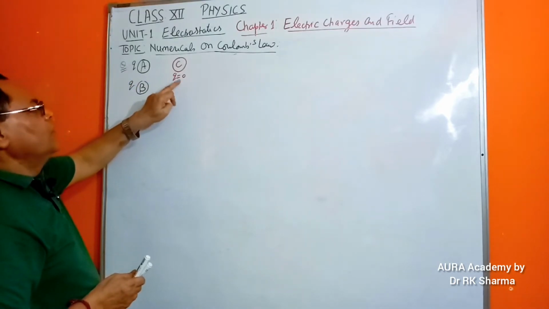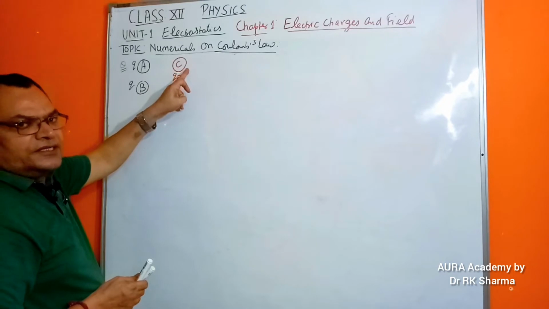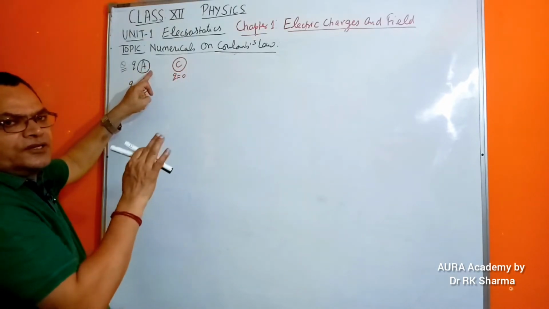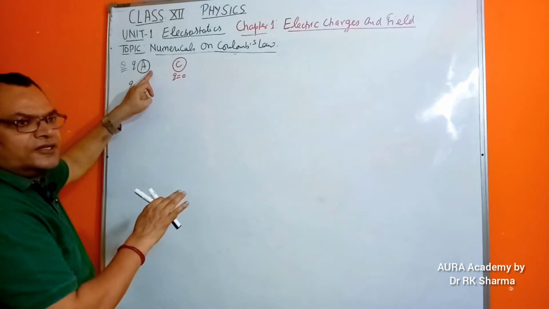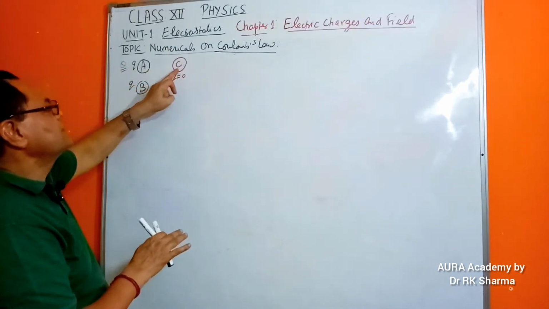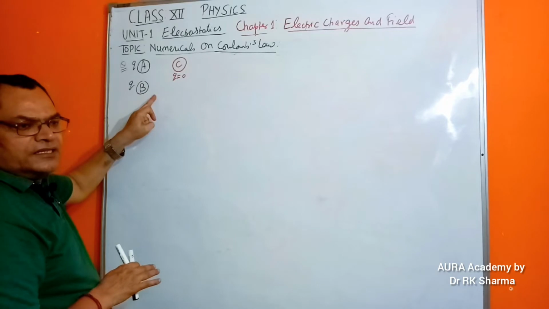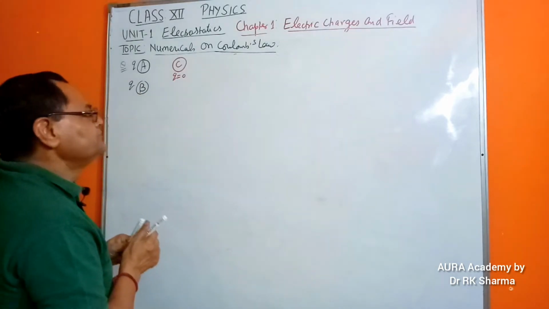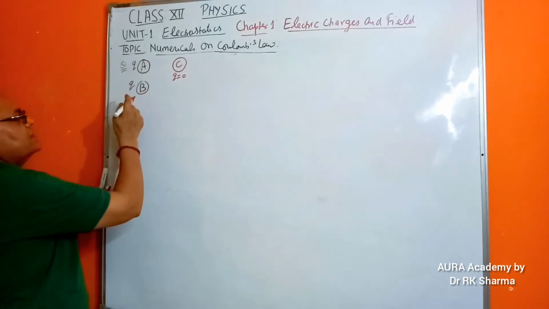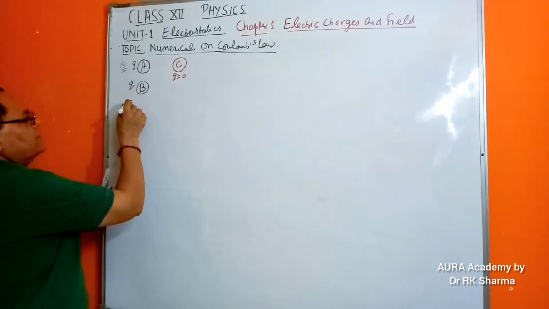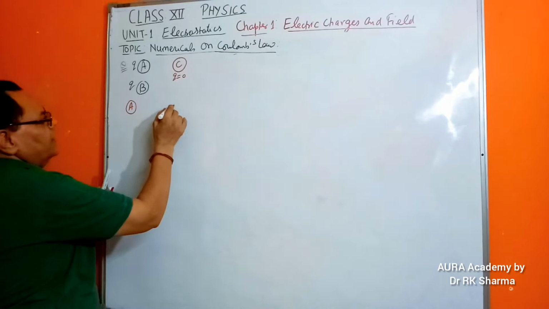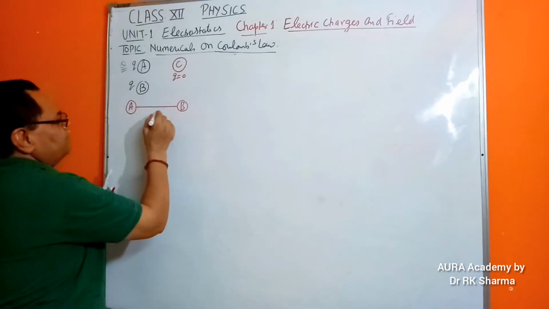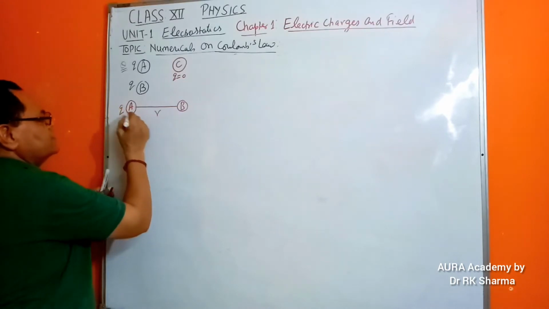Now the question is, when this uncharged sphere is touched with A, or brought in contact with A, and then it is brought in contact with B, find the new force between A and B. So the initial condition is that the charged sphere A and the charged sphere B are originally placed at a distance r, each having charge q.